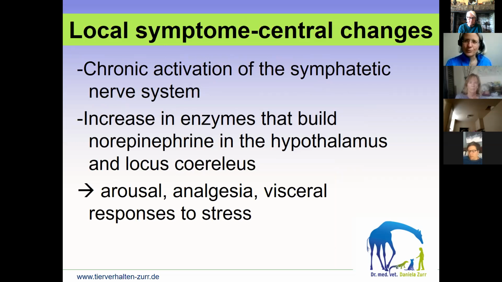To understand what's going on in the brain and what we are actually doing with TTouch, it's a good idea to understand the neurologic changes in these animals. One is that they have a chronic activation of the sympathetic nerve system, and that they have higher levels of norepinephrine in some important parts of the brain.